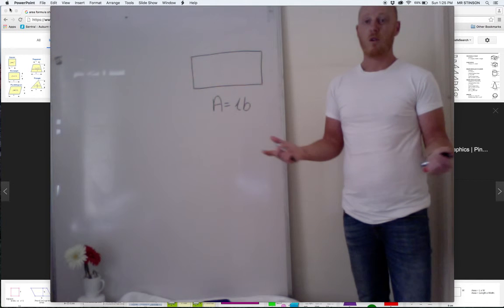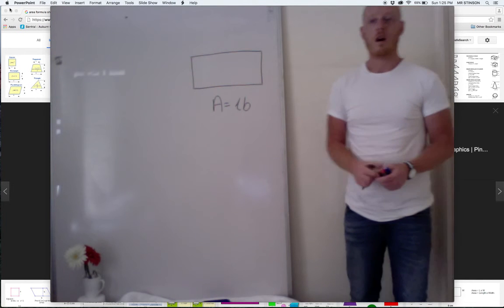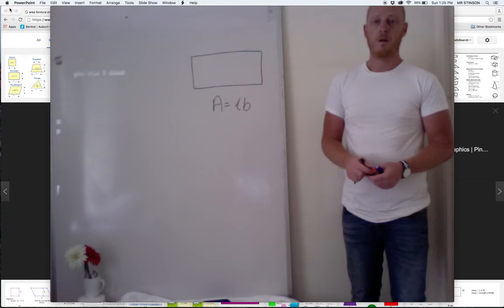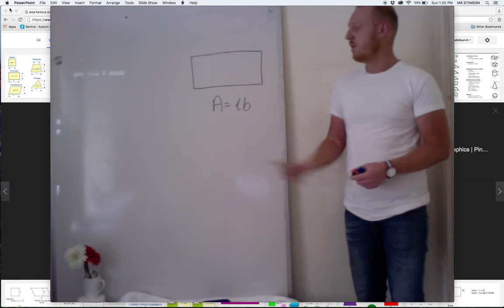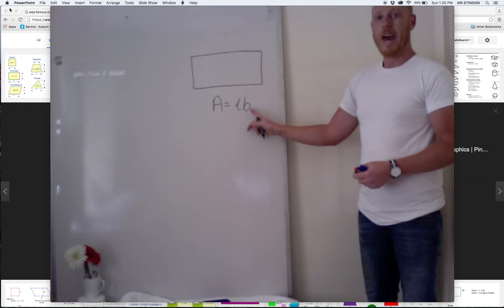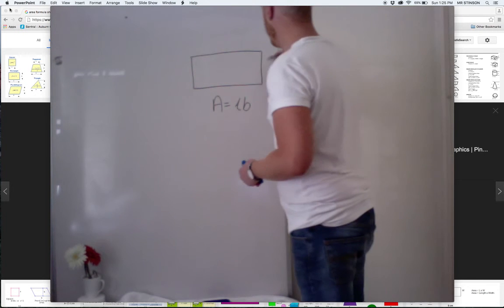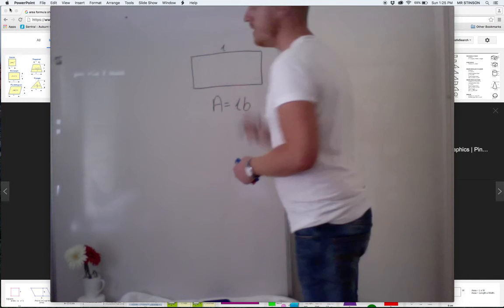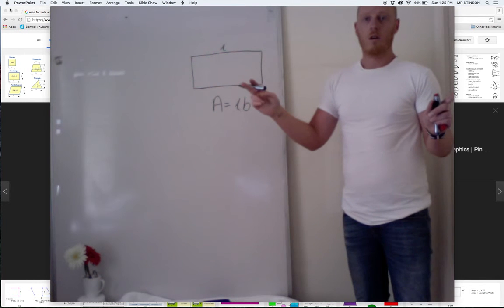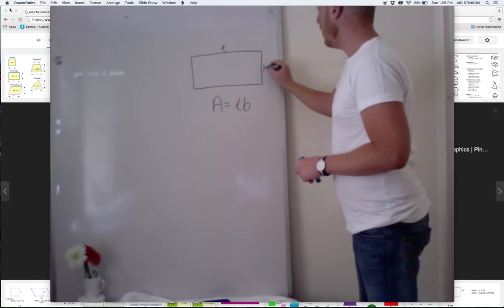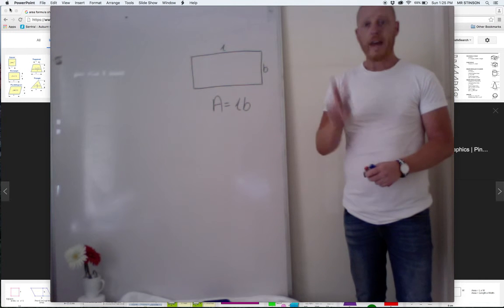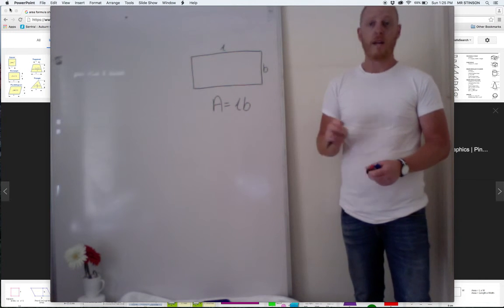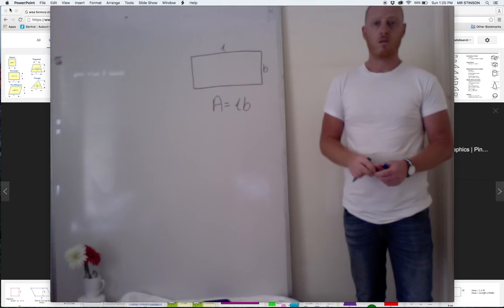This time we're not using x. We don't need sides. That was a square. For the area of a rectangle, we need 2 values, L and B. L stands for the length of the rectangle. B stands for the breadth. So they are the 2 pieces of information we need to find the area of a rectangle.